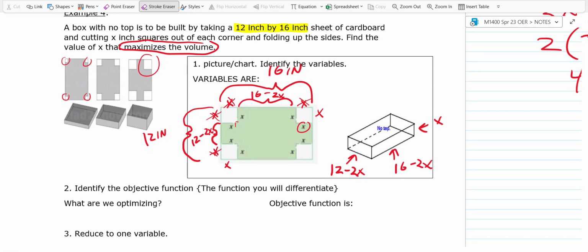What am I optimizing in this problem? What does the problem say? Volume. We're going to figure out what makes the volume a maximum. Now, the objective function: we have to find the volume. You guys know the formula for the volume of a box?